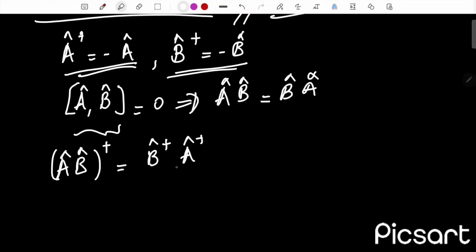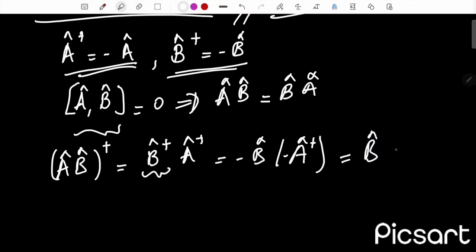Remembering that b dagger is equal to minus b, and a dagger is equal to minus a, minus times minus is equal to plus, and we get b times a.